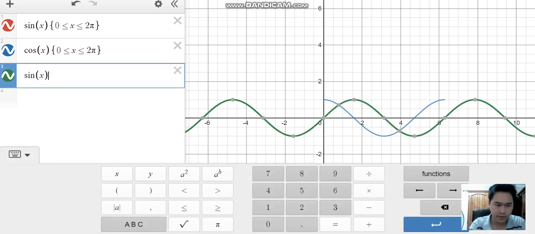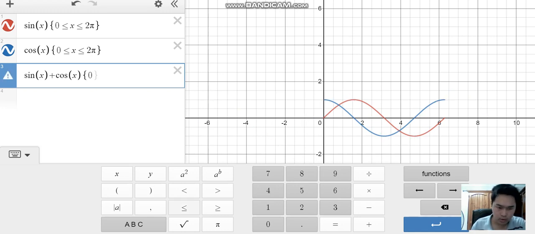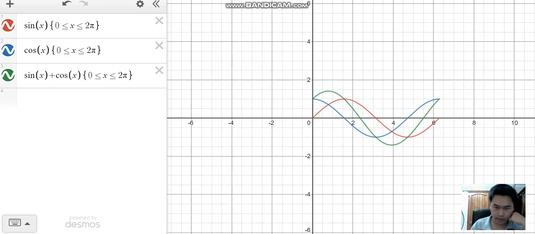So I write sine of x plus cos of x, and I write it for the domain of 0 to 2 pi. At 0, you're adding 0 and 1, and the green line here is the function. This is how you get the shape of this.